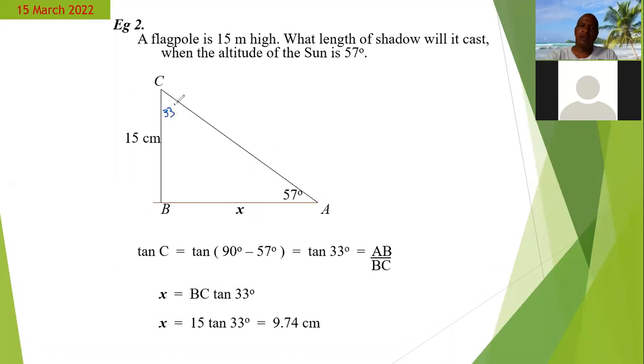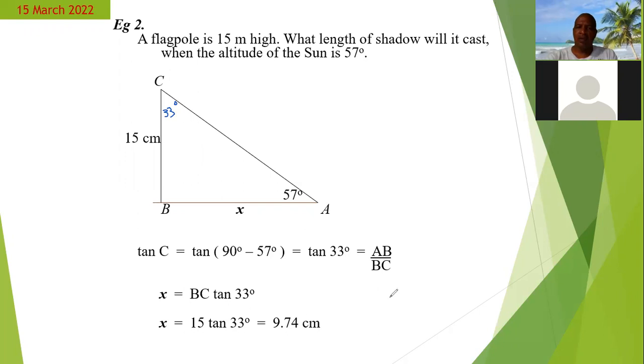And so we could also use this angle now to do our calculation. So we could use the tangent just the same. So we use tan of 33, and that would give us the side AB over BC.